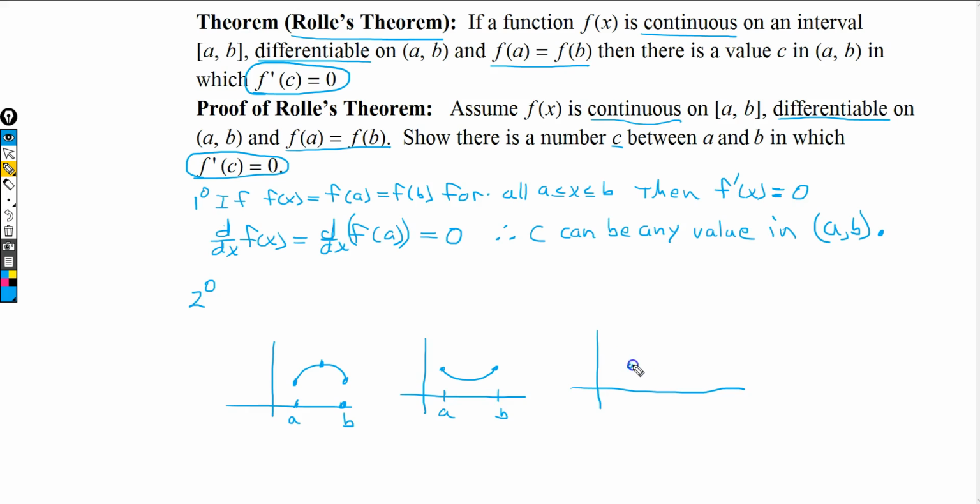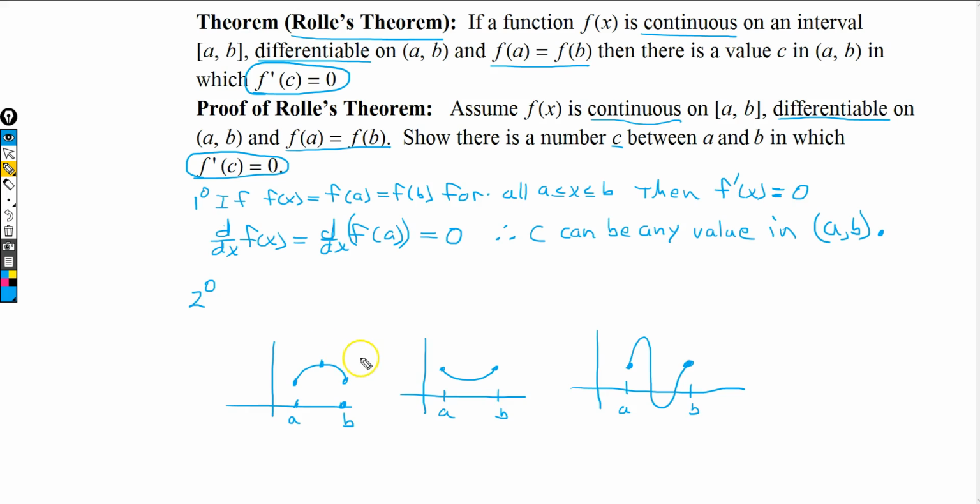And then we could have a case like this, where our function might do something like this. So here we have a maximum value occurring between a and b, and a minimum value occurring between a and b, and f of x has neither a minimum nor a maximum value at the endpoints.